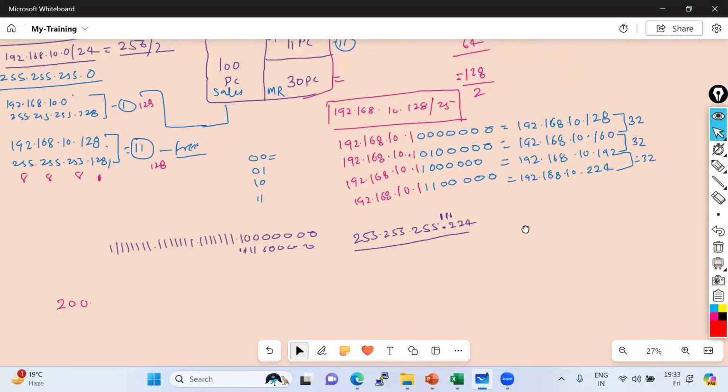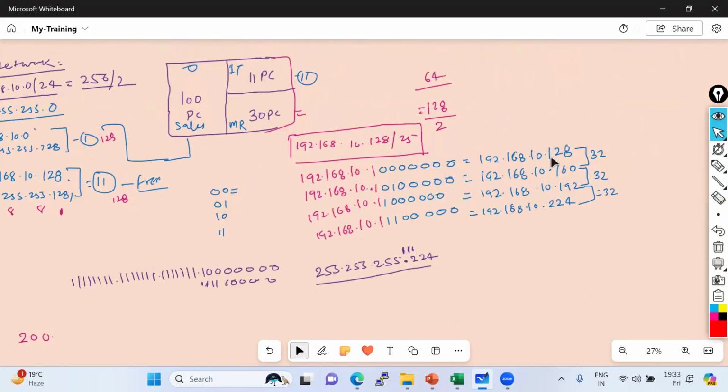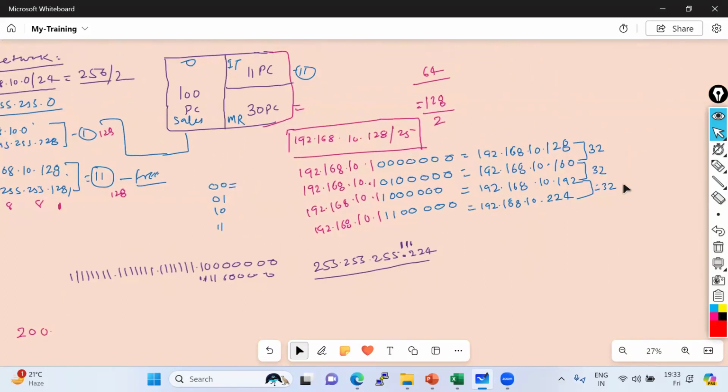If you wish, you can divide this subnet into 2 parts of 16. I can leave one 32 for the 30 hosts, that's perfect because one will be the network and one the broadcast. Then for the 11 PCs, I can still divide into 2.